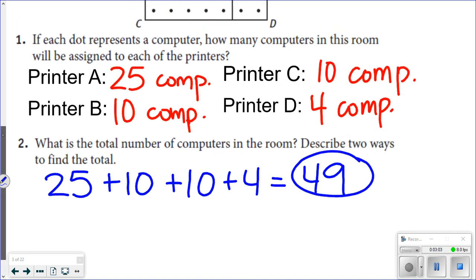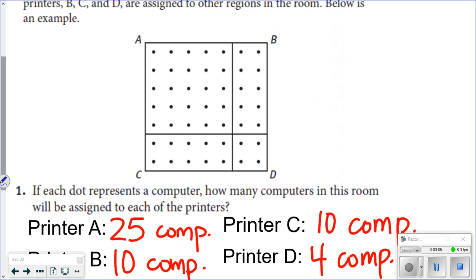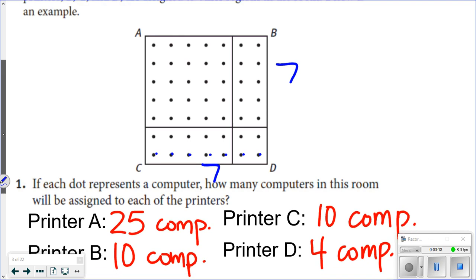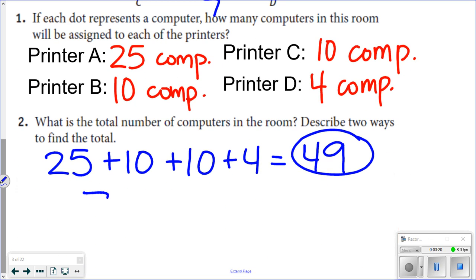Let's go back up and look. If I count, there's 7 computers here, 7 computers here, and let's multiply side times side, or length times width. So if we multiply 7 times 7, we get 49. So that's a second way we can do this.